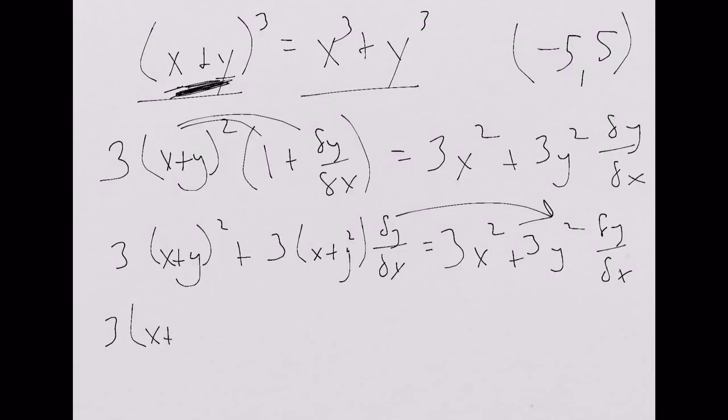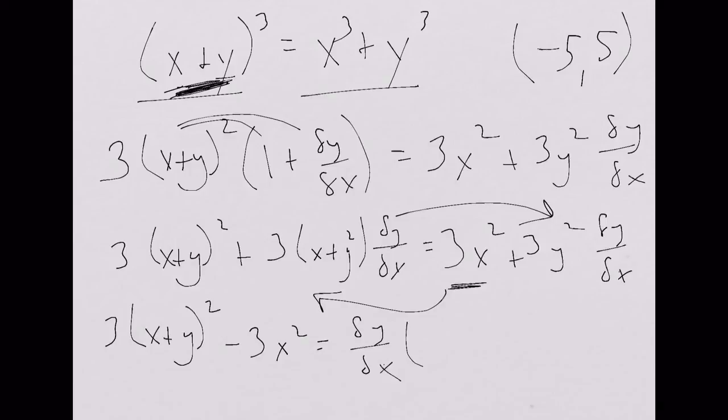So I have 3(x plus y) squared. I'm going to go ahead and bring my 3x squared over here. So minus 3x squared equals, so both those terms that I'm going to have on the right hand side are going to have that dy/dx now. So I'll have a 3y squared minus 3(x plus y) squared. Looks like I wrote it down wrong here. Again, it should have been, when I distribute it, that's 3 times (x plus y) squared times dy/dx. So apologies for that.